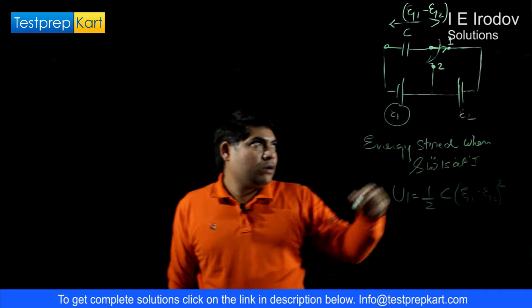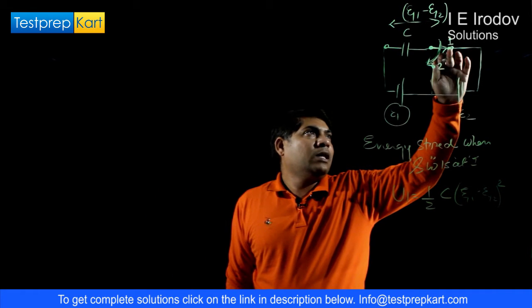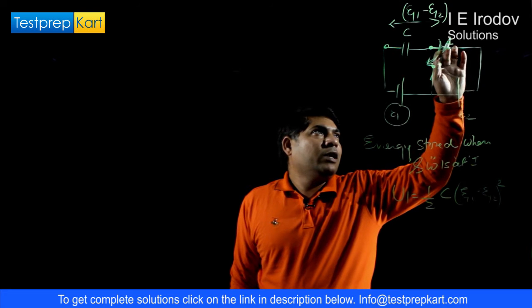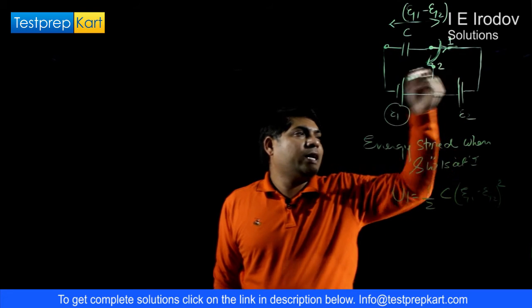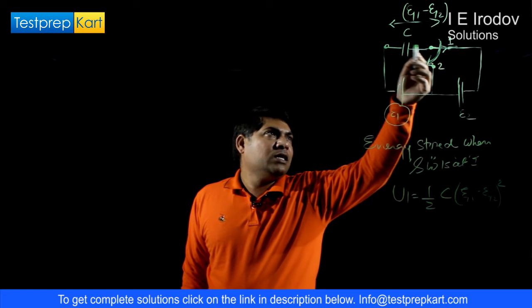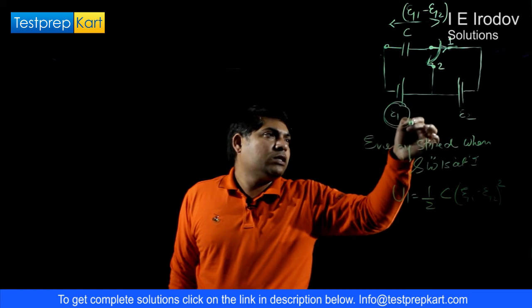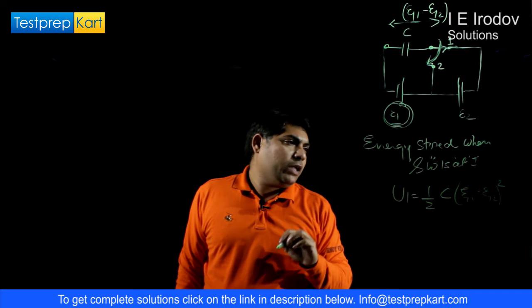Now, when this switch is shifted to position 2, then this cell will not be part of this circuit anymore. So the energy stored in the capacitor will be due to this EMF E1 only.